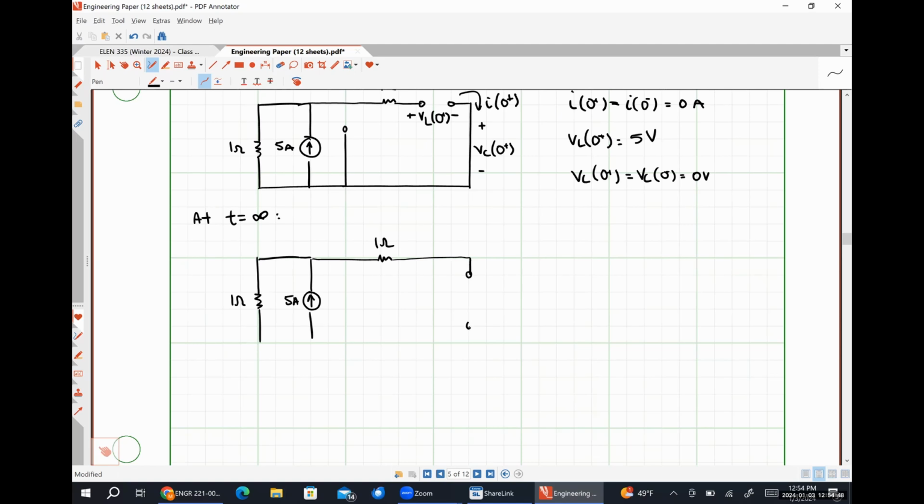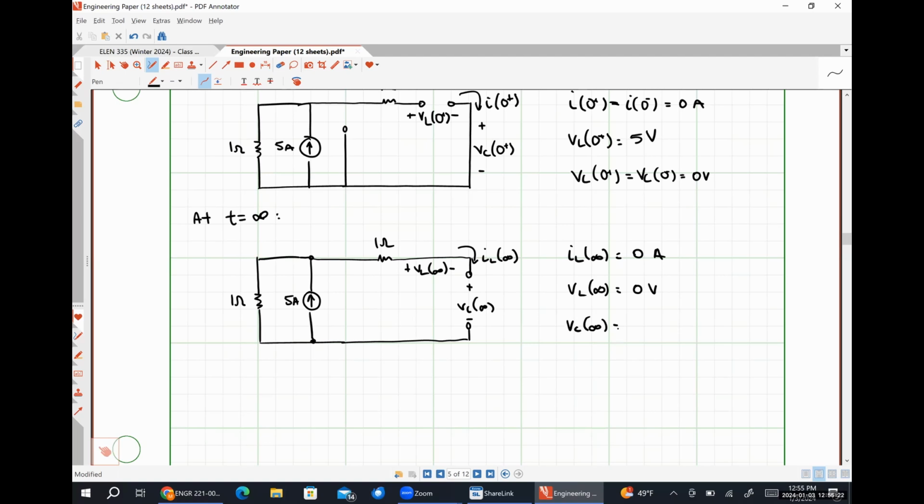Our capacitor is going to look like an open circuit. Here's IL at infinity, VC at infinity, VL at infinity. By inspection, IL at infinity is 0 amps. VL at infinity is 0 volts because it's the voltage drop over a short circuit.